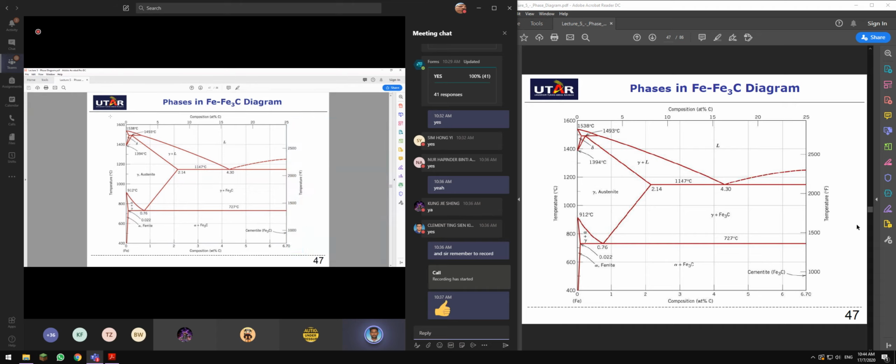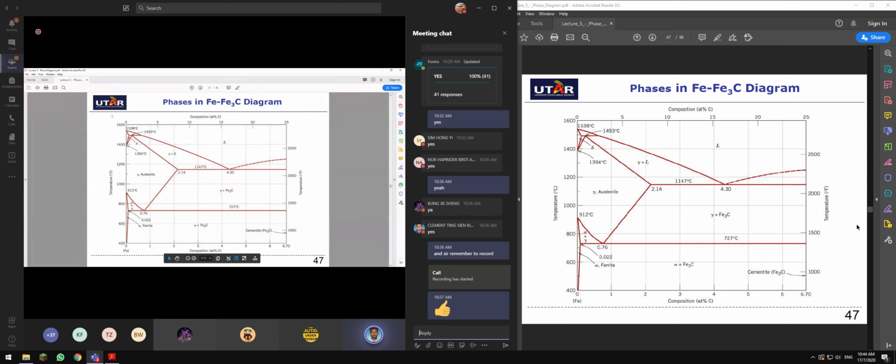The reason is because this is the most useful phase diagram in our current society, because we are living in a metal age, and we will be utilizing a lot of alloy irons, which are composed of iron and also carbon.